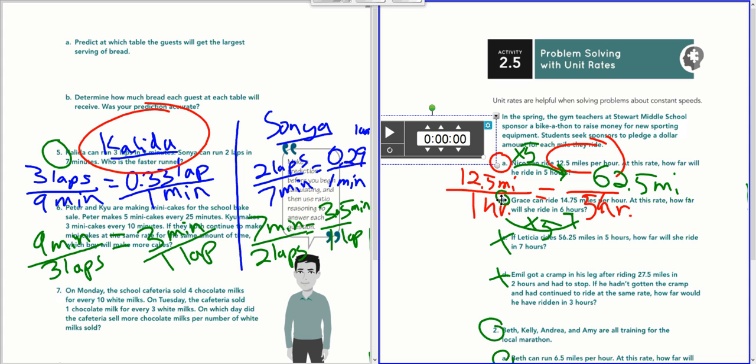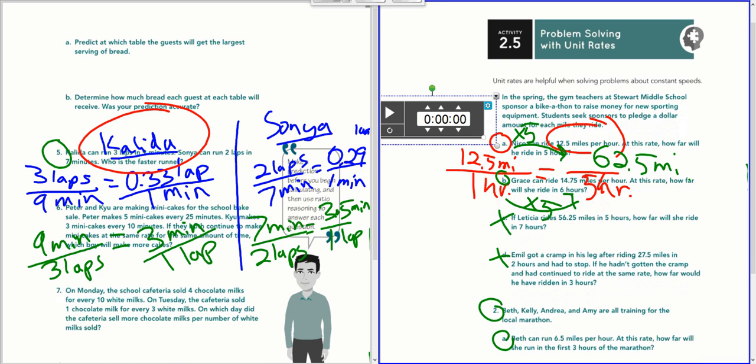So instead of finding the unit rate, they give it to us, right? But what do we do with that? Well, we put 5 hours over here. All right, and we ask, how do I get from 1 hour to 5 hours? Well, the answer is we multiply by 5. So if I multiply the top number by 5, 12.5 times 5 is 62.5 miles. So we're predicting that in 5 hours, he would go 62.5 miles. All right, so it's a little bit of a prediction.